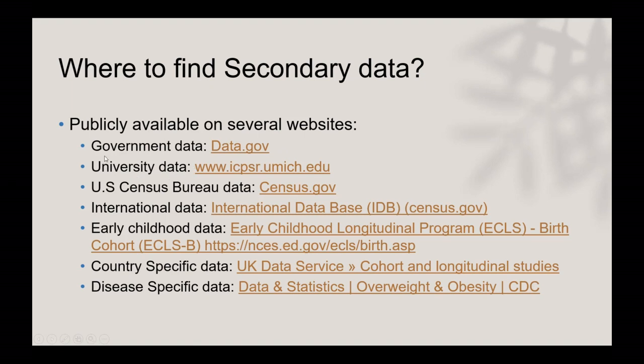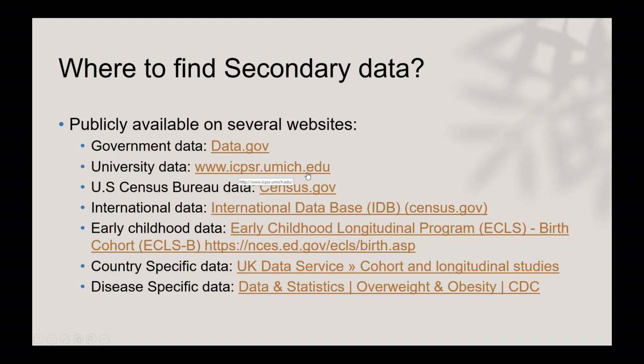There are certain universities who prepare their own studies, and then they collect data for their own study, and this is university data. You will find one such data set on the University of Michigan website, which is umich.edu.